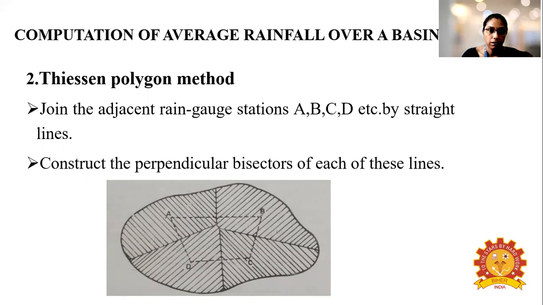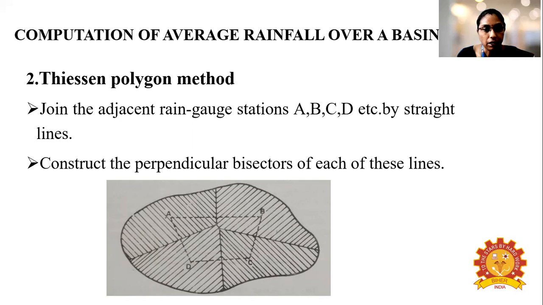So what is the procedure followed to use this formula to calculate the average rainfall? Here you can see the area which is divided, with the gauge stations at A, B, C and D. You have to join the adjacent rain gauge stations A, B, C, D by straight lines.